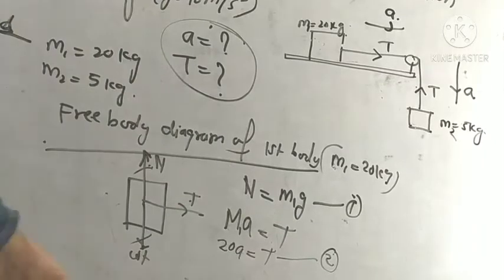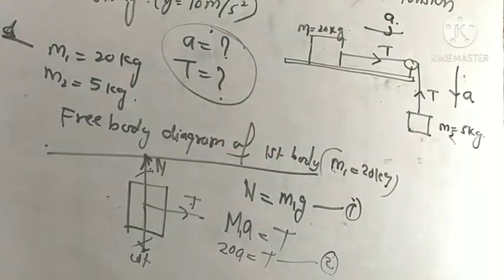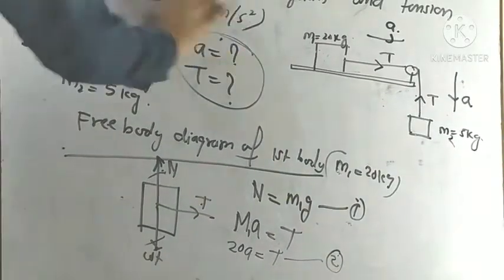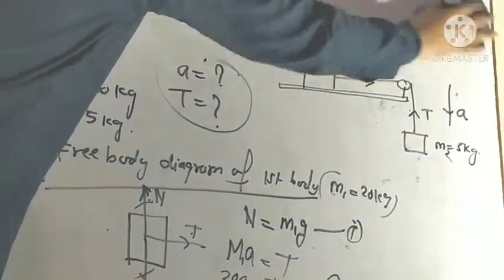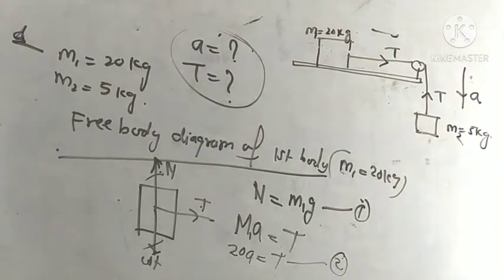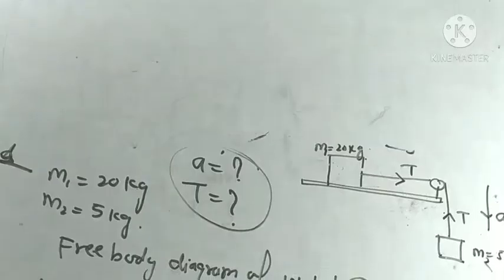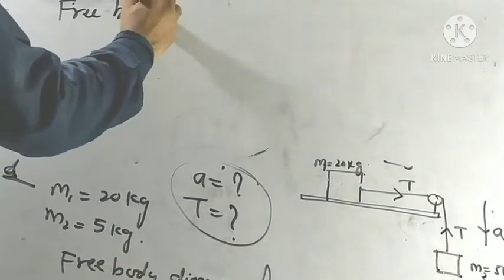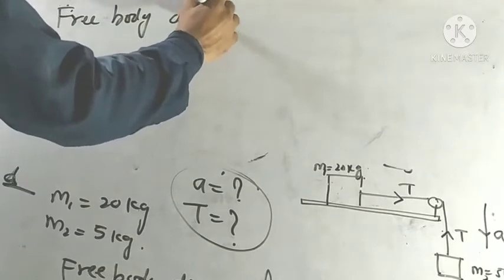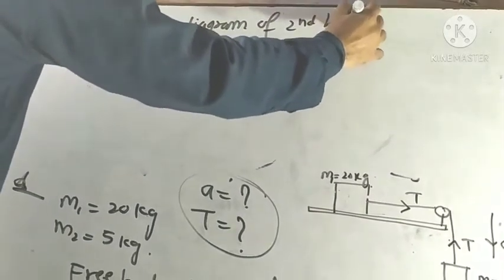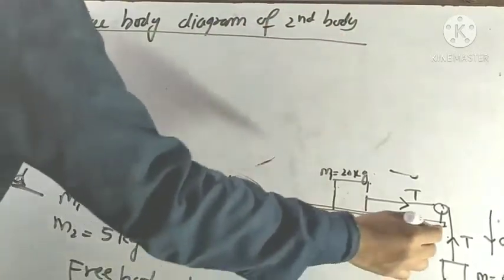Now we discuss the free body diagram of the second body having mass m2 equal to 5 kg.